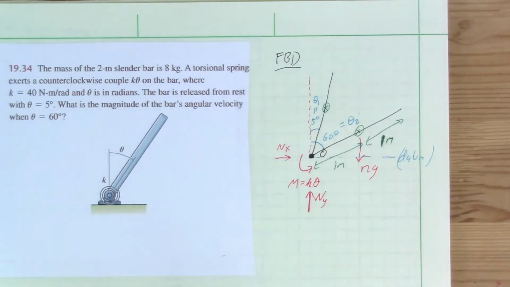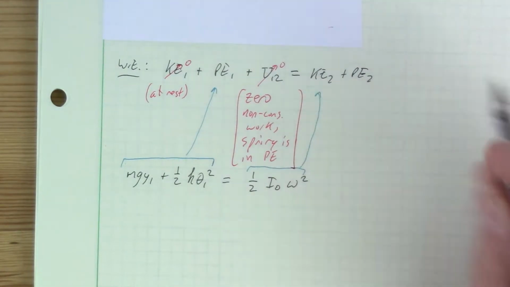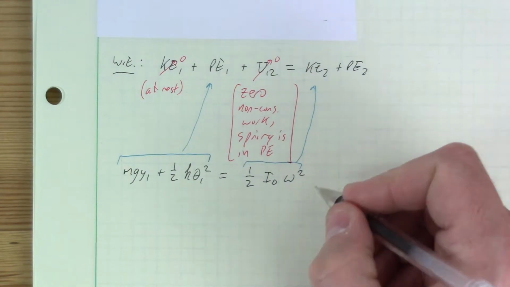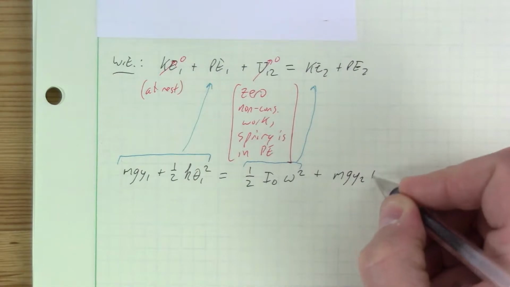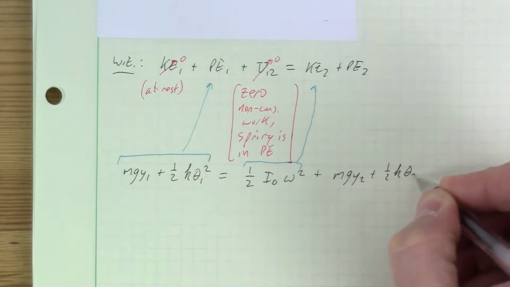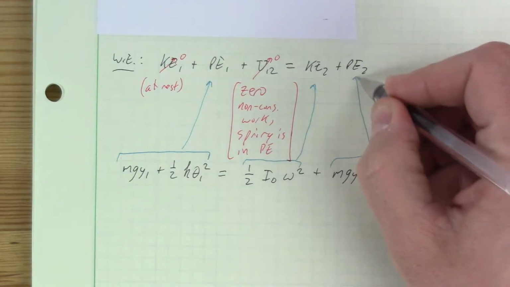Pure rotation about a fixed point O, so we use that version of our kinetic energy. And then we have the same terms as the potential energy on the left, mgy2 plus 1/2 k theta 2 squared. And that's that one.